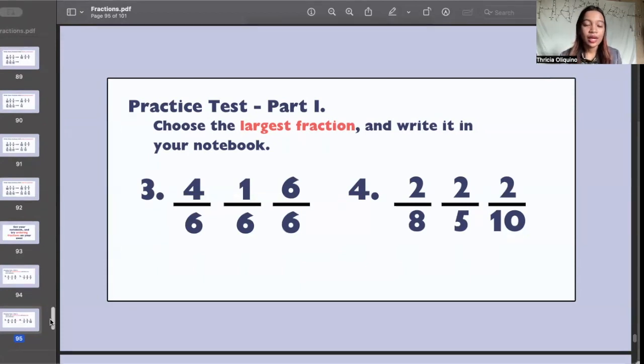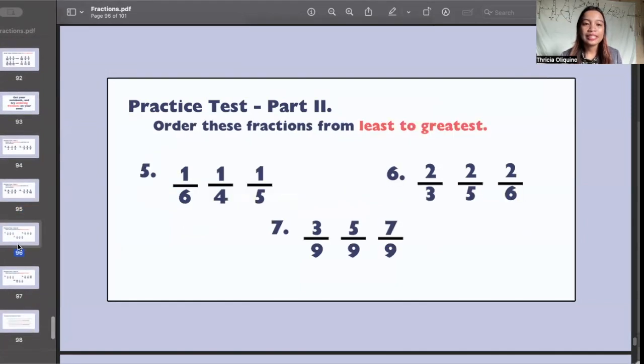Okay. Again, you can try pausing this video first if you're still answering. On practice test part 2, you need to order these fractions from least to greatest. Again, when we say least, it means the smallest number or the smallest fraction, while the greatest is the largest fraction.